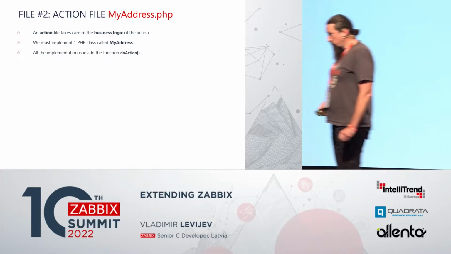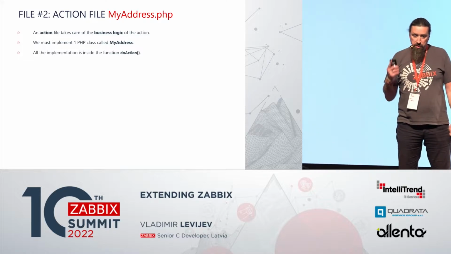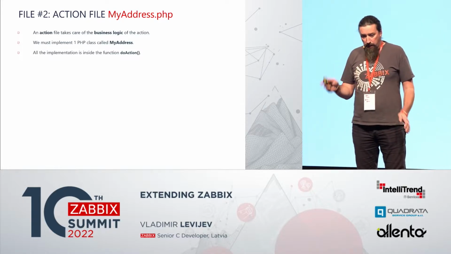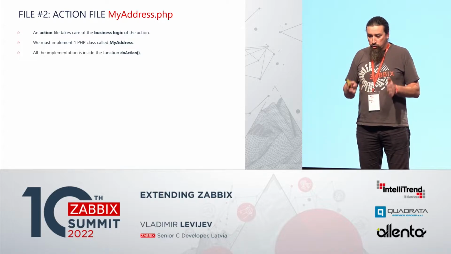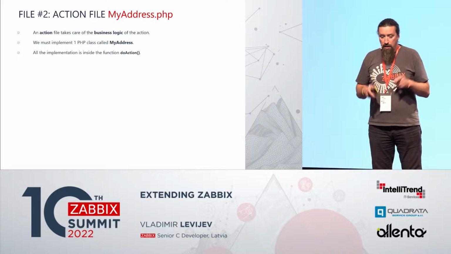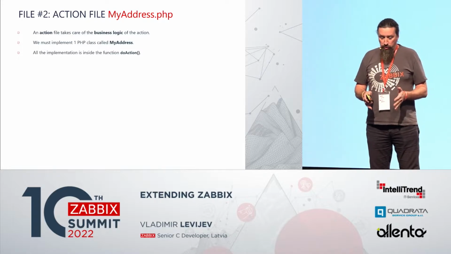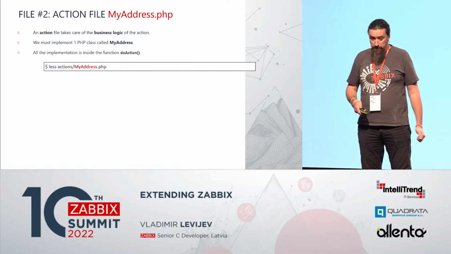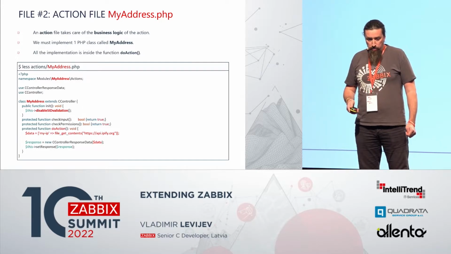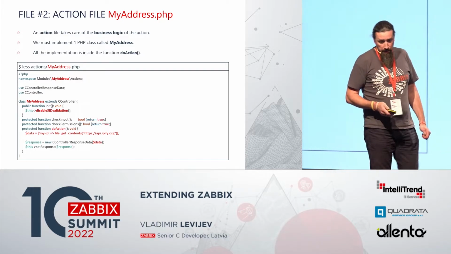In the action, you need to implement one PHP class, and that class must implement the doAction function. In that function happens all the business logic of your module, in our case, one HTTP request. So it looks like this. Again, the important parts are highlighted.